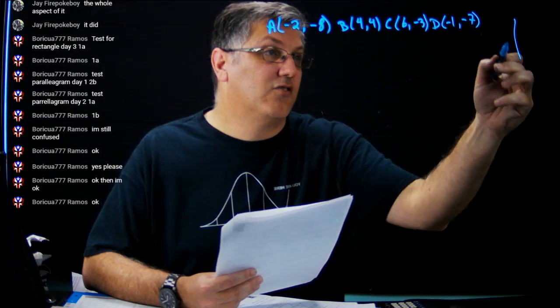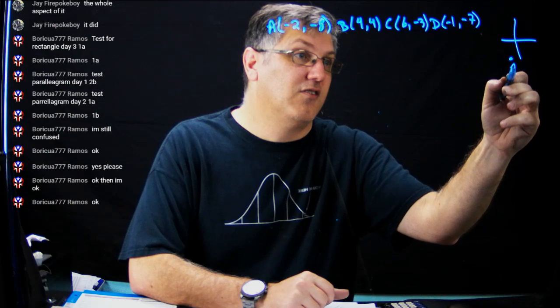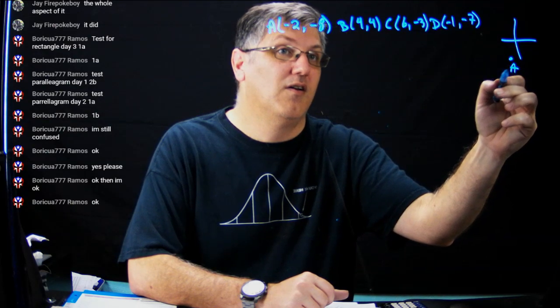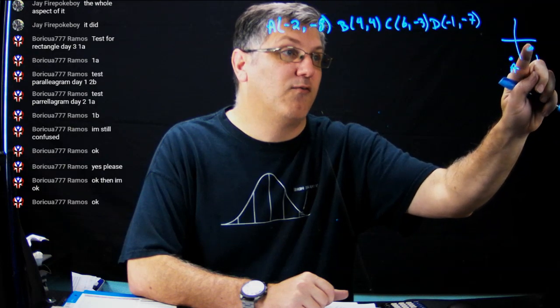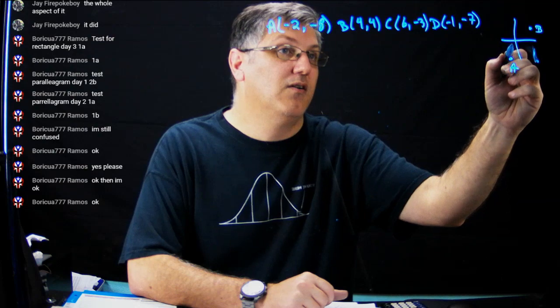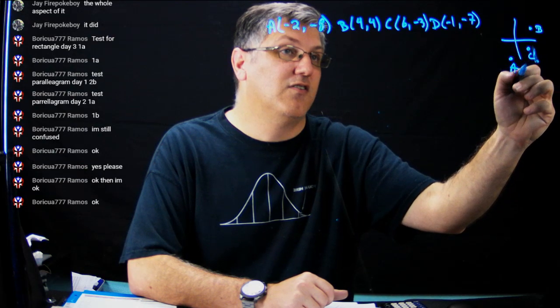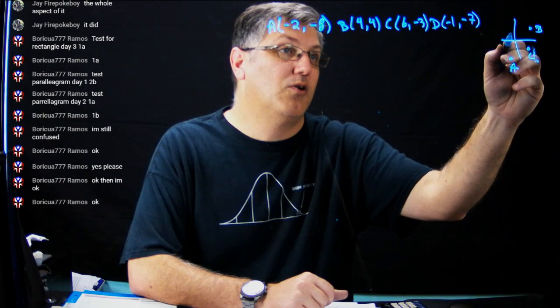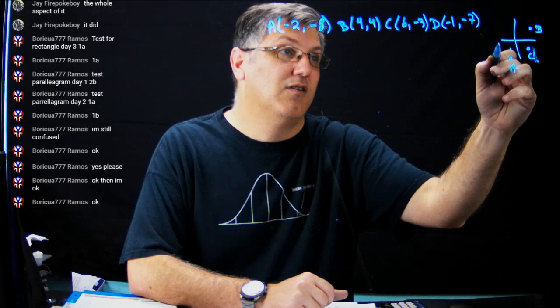All right, let's do a sketch. -2, -8. This is A. 4, 4. That is not 4, 4. 4, 4 is in quadrant 1. This is B. 6, -3. This is C, and D is -1, -7. This is D.